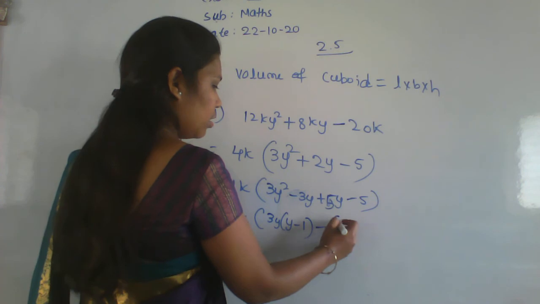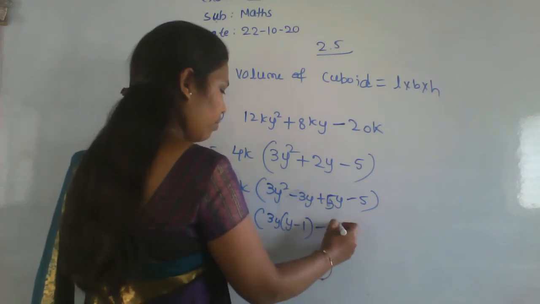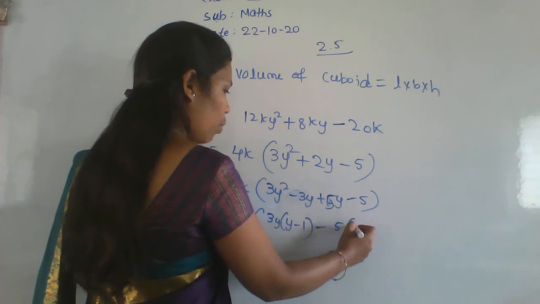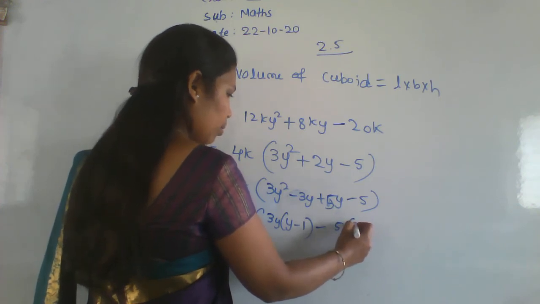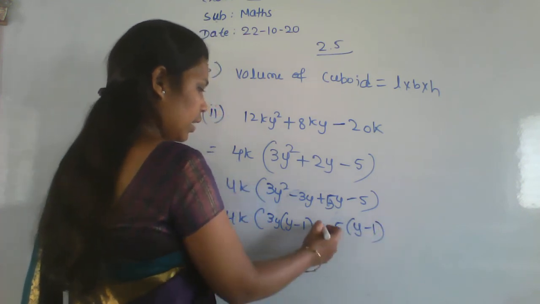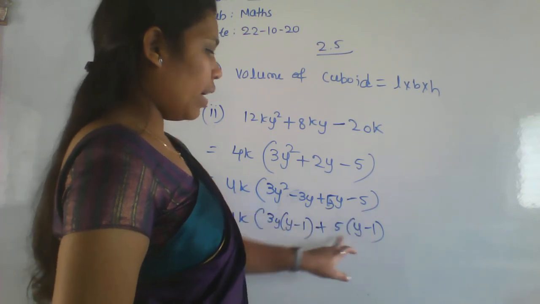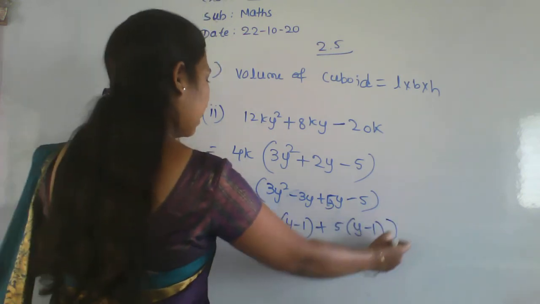Next, take 5 as the common, and what is left here? y minus 1, with a plus sign, plus 5y minus 5. So y minus 1, y minus 1.